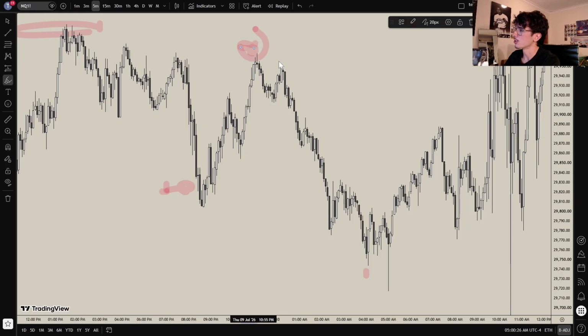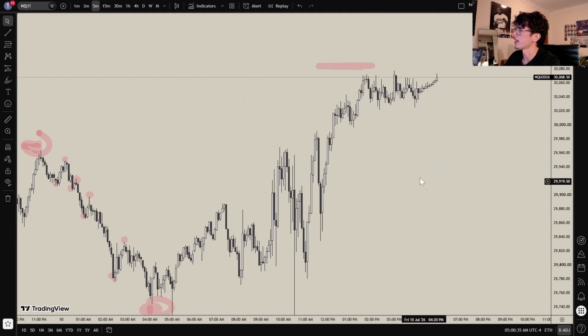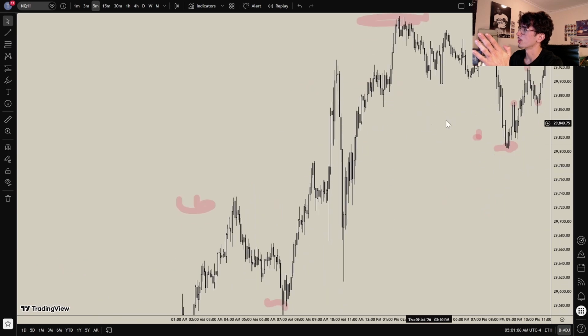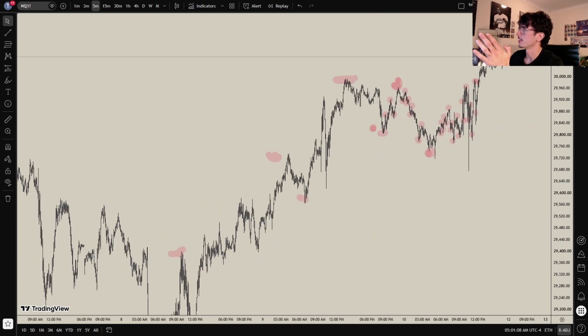Inside of this external and this external, you have many little swings just constantly throughout it. And then on this trace back up from this external all the way to this external here, you again have lots and lots of little swings just constantly throughout the entire structure. You can mark out your external liquidity as when we go back here, the structure was external to external to external to external to external to external.